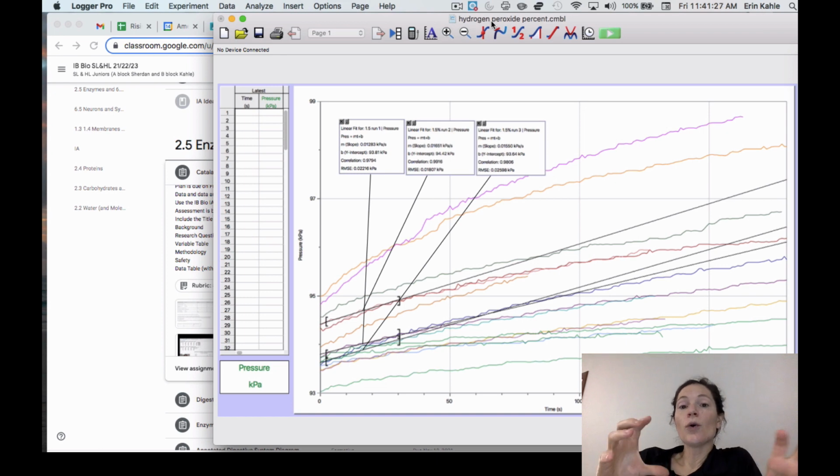So in your methodology, or your methods, whatever you call them, procedure, you want to explain. I could show this and say, look, I noticed that you have this initial rate, and the rate drops off as some of the substrate in that reaction is used up. And so you want to explain, what slope did you measure?